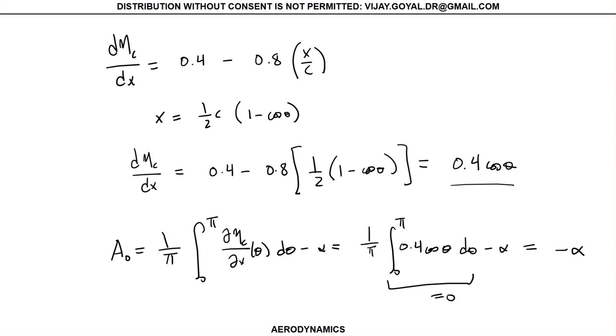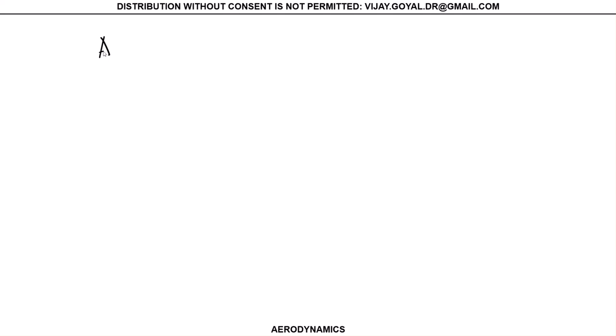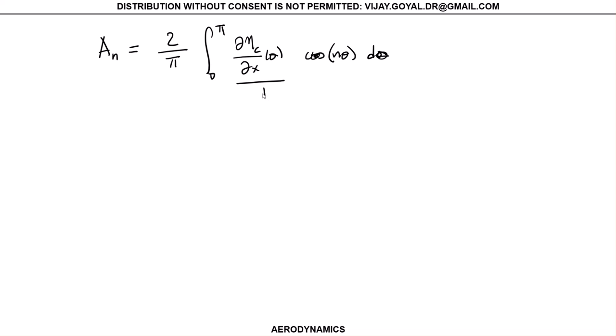Okay, so the next coefficient I want to find is A sub n, because we need A sub n. It is 2 over pi, integral from 0 to pi of the partial of eta with respect to x, cosine of n theta d theta. So that's the expression. We know that this expression is 0.4 cosine of theta.